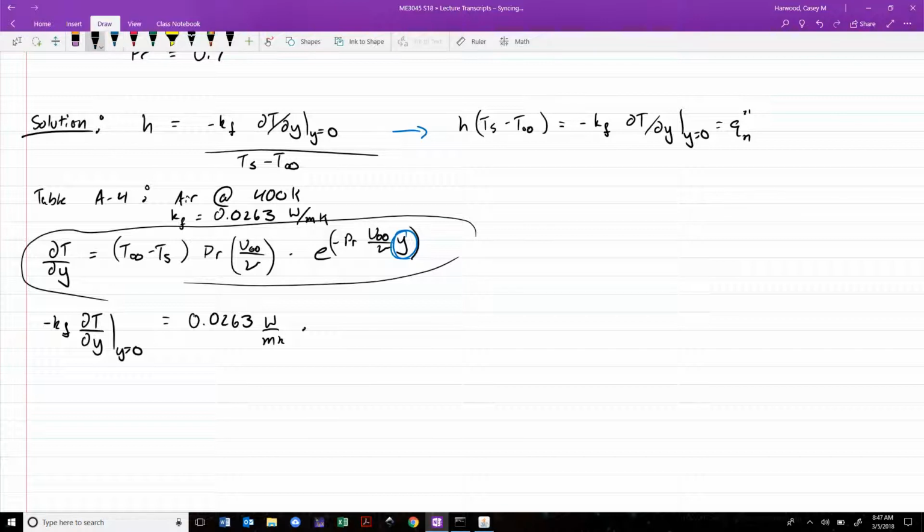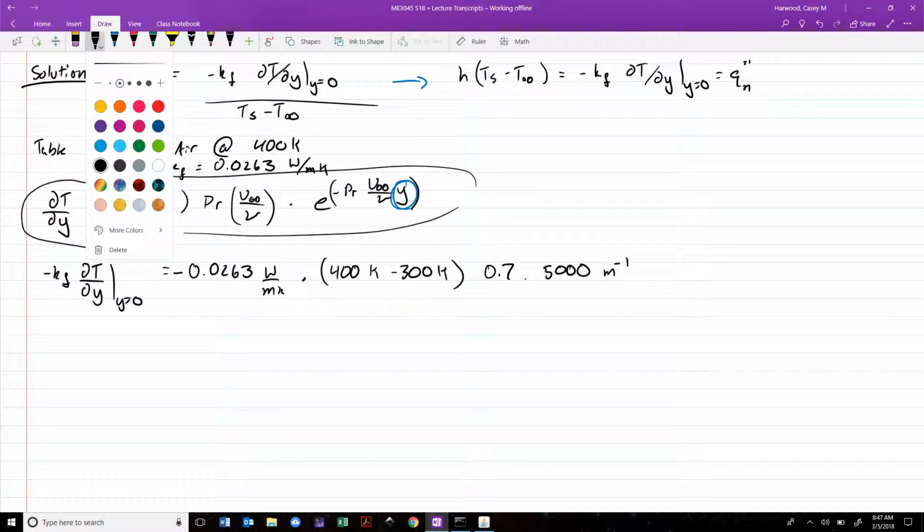So this becomes, oh, this should have a negative sign in front of it. There we go. 400 Kelvin minus 300 Kelvin, right, there's our T infinity minus T_s, times that Prandtl number of 0.7 times the ratio of u infinity to nu, which was given as 5,000 meters to the negative 1.